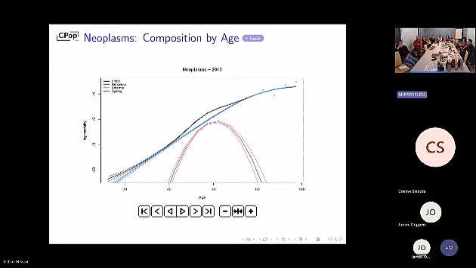So which means that if we understand how the red and the green components behave over time, we will understand how the overall mortality is changing over time, because this thing is more or less stable. It's both within the causes and also for overall mortality.